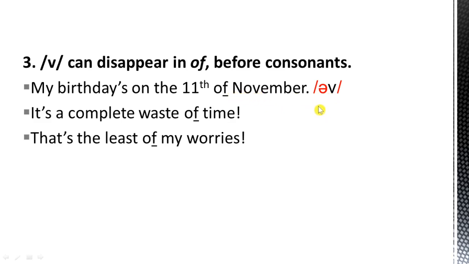The v sound of "of" before a consonant can disappear. So you should pronounce "on the 11th of November" with no v sound here. Another is "a complete was", a term; it sounds exactly like the pronunciation of "term". So this is another rule that we can see.